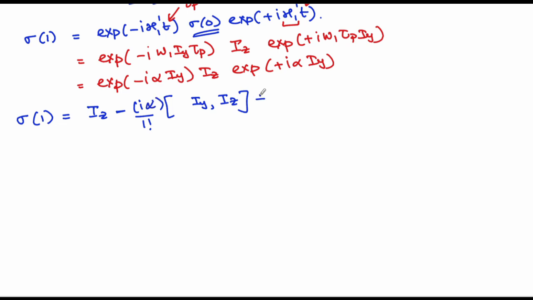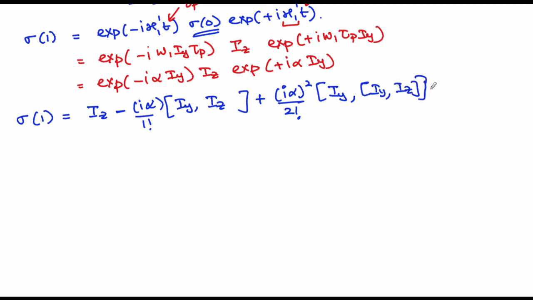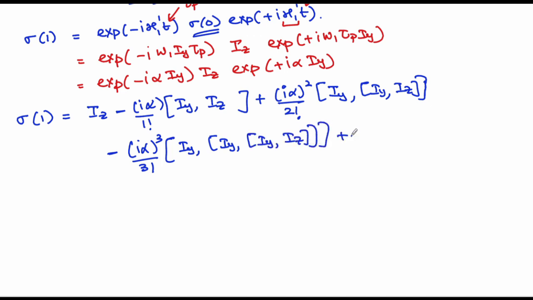The next one is going to be i alpha the whole square by 2 factorial times the commutator Iy, Iy, Iz, minus i alpha the whole cube by 3 factorial times the triple commutator Iy, Iy, Iy, Iz. This goes on forever.